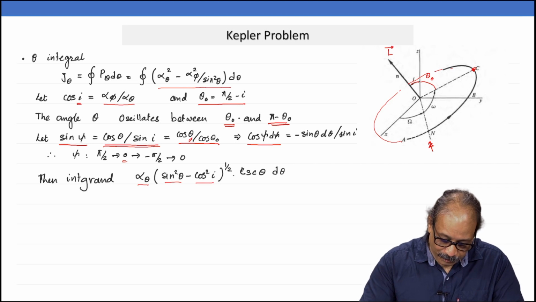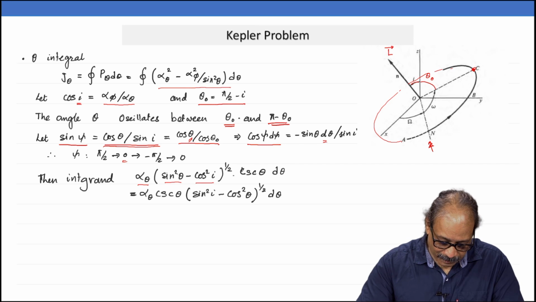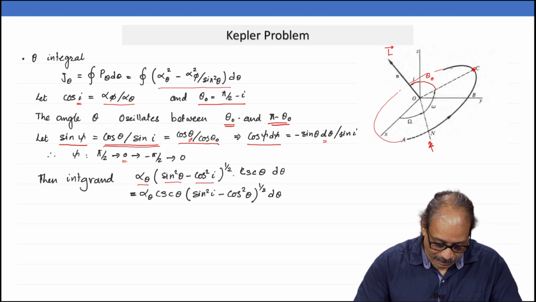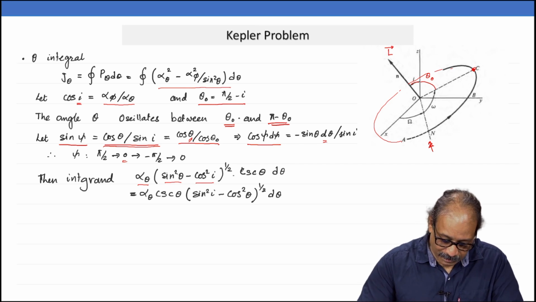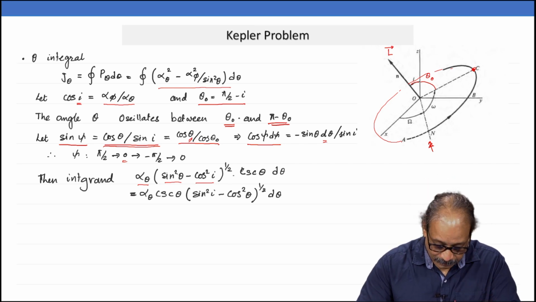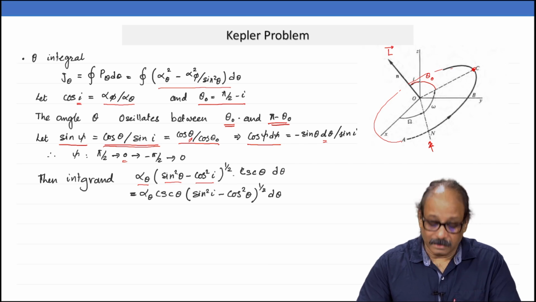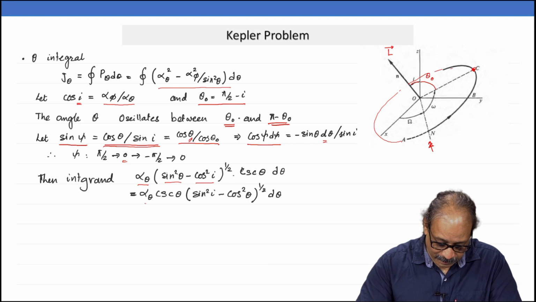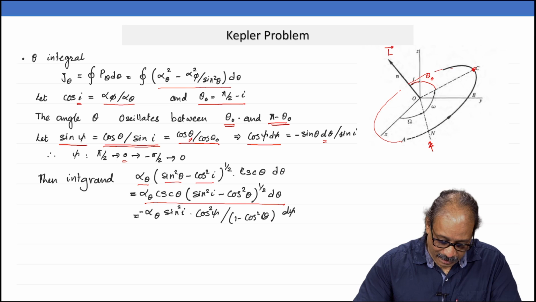And now put d theta back into this equation, and this would become alpha theta is equal to, so what I have done here is write cos square I as 1 minus sin square I and sin square theta as 1 minus cos square theta, and that one would get cancelled to rearrange it in this way, and then substitute for psi.